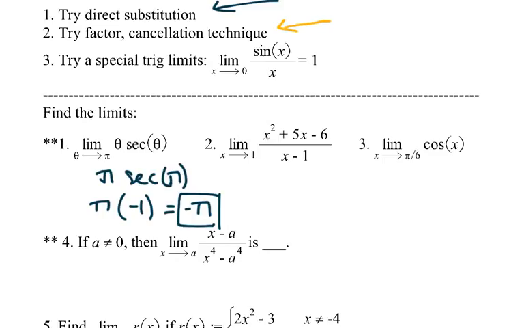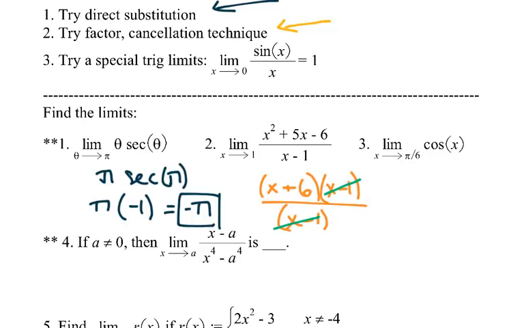So what we can try to do if we run into that situation is factor the top. And so we're going to get x plus 6 and x minus 1 over x minus 1. And what you notice is we can cancel those x minus 1s. And so we're just left with x plus 6.